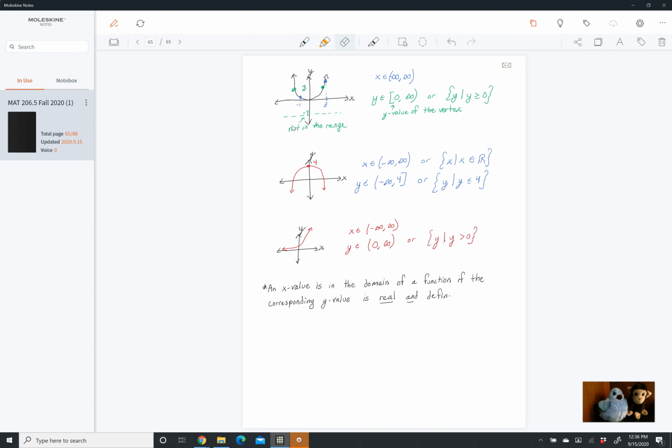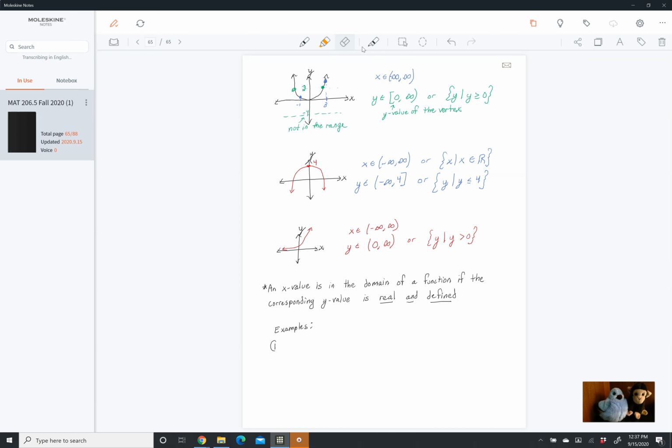And this is really important because this is what's going to help you figure out the domain of a function. So let's just do a bunch of examples. There are really only 5 possibilities here. Once we get through all 5, there's nothing else. These are the only ways that you would be finding the domain.